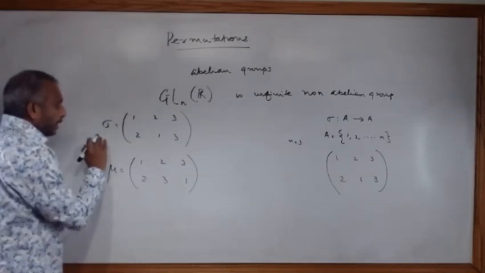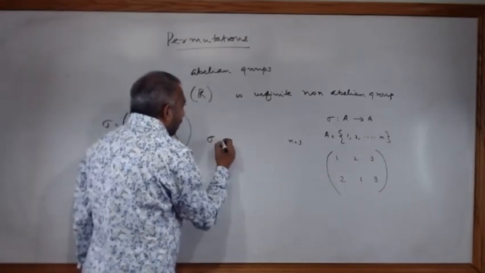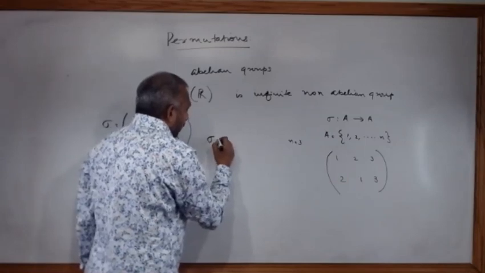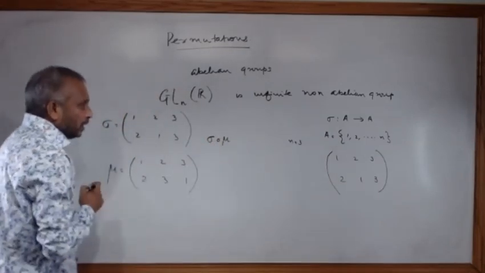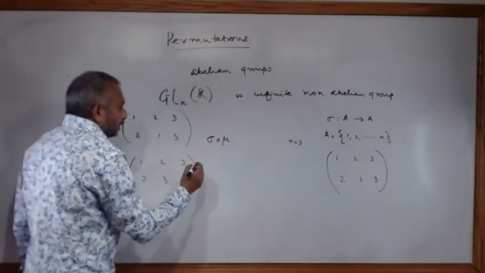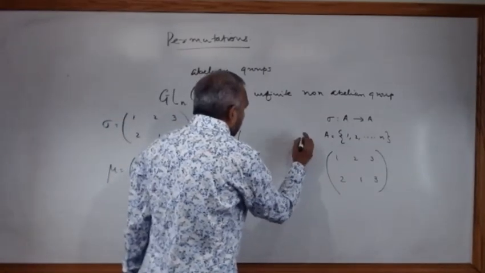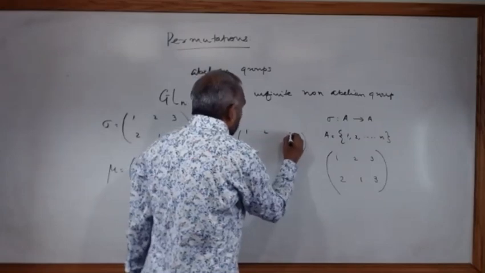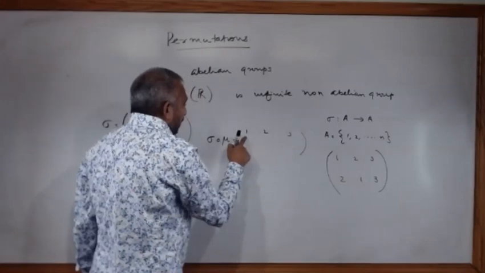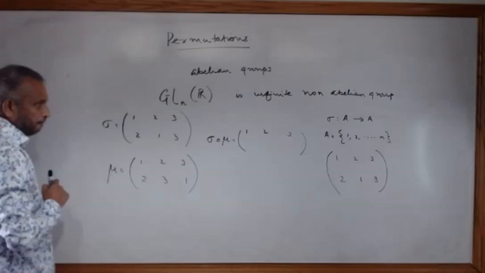So we are going to define a binary operation here. Let us say sigma after mu. We are composing mu with sigma. So this is going to be another permutation. First we have to find out what the image of this composition is.